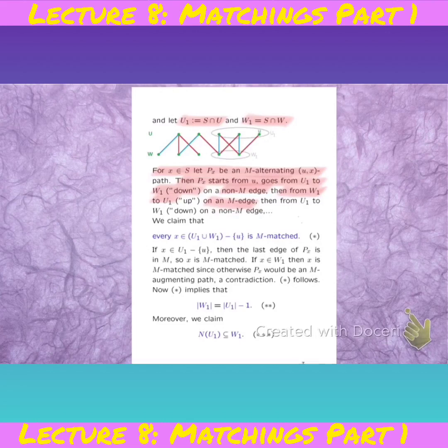Having said that, what we claim now is that every vertex in the union of U1 and W1, without U, is M matched. It's basically all these vertices that we're talking about.